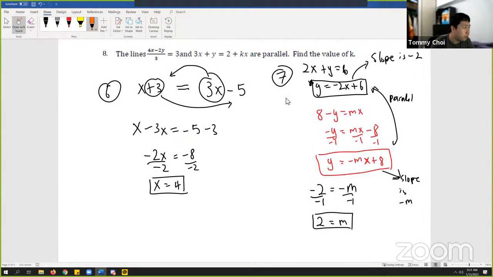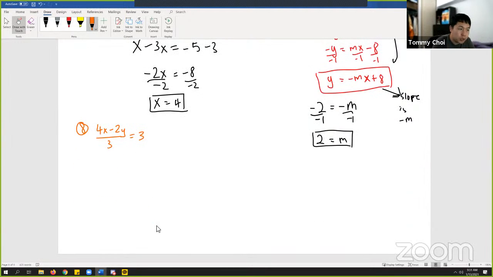So, for question 8, you take the first equation, and we're going to solve for y equals mx plus b first. It's dividing by 3. We multiply by 3 to get rid of it. So we're going to get 9. 3 times 3 is 9 on the right side.